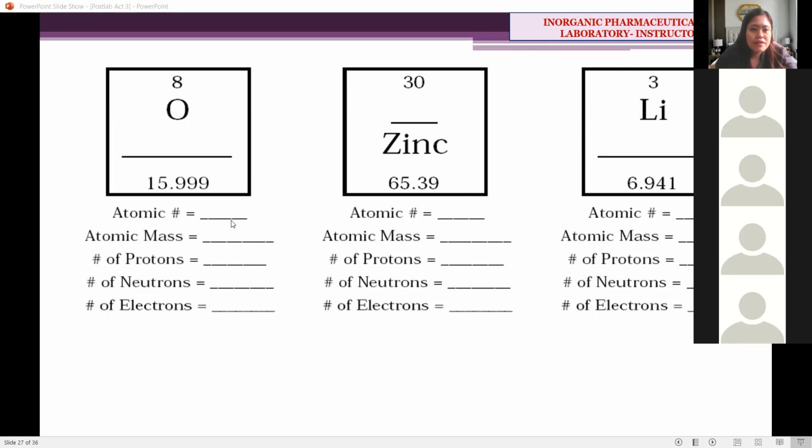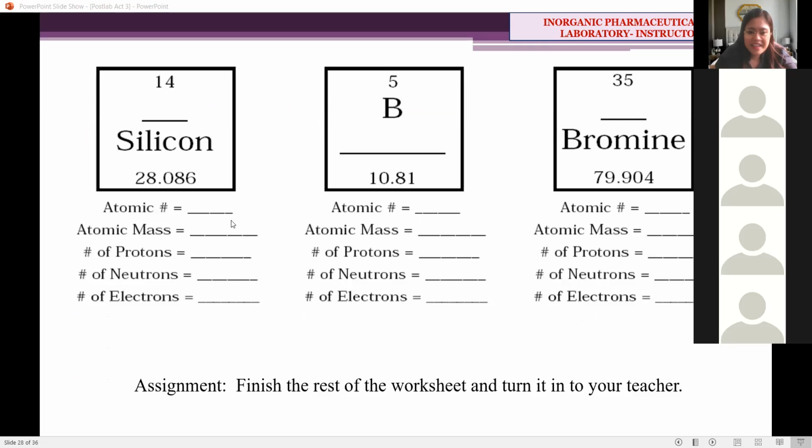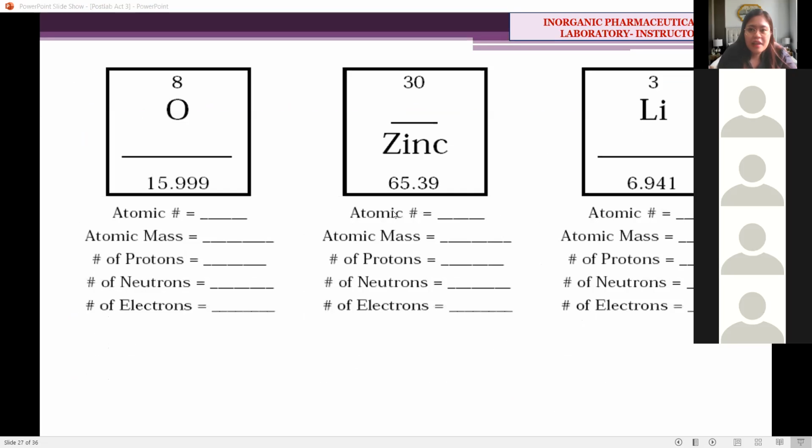More examples, this will be your assignment. Take note, finish the rest of the worksheet and turn it in to your teacher. I'll be providing a space here in your Schoology account wherein you will complete this.